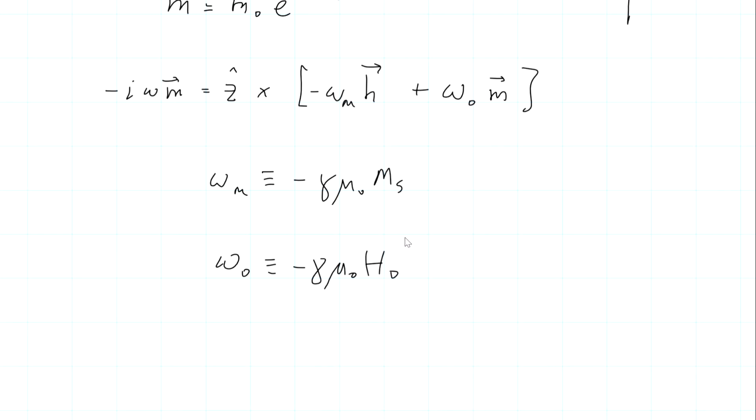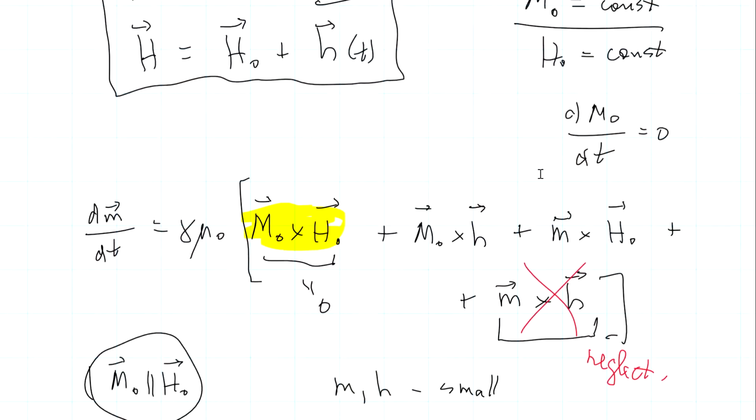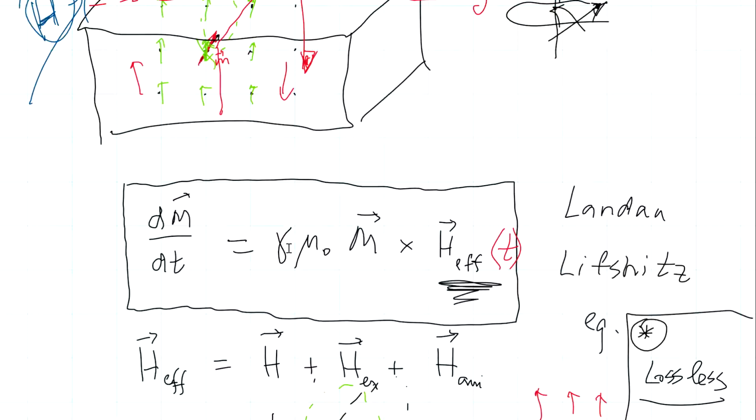So what we did, we went from the very general Landau-Lifshitz-Gilbert equation, which looks like this. Let me highlight it. So we went from a very general Landau-Lifshitz equation that looks like this, by simplifying it very much.